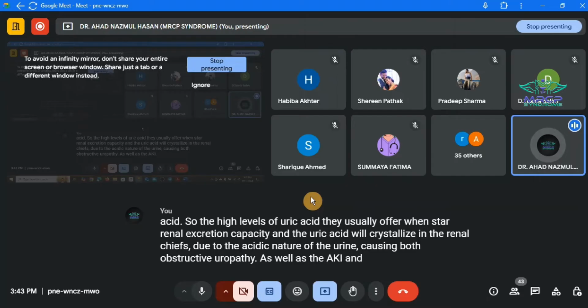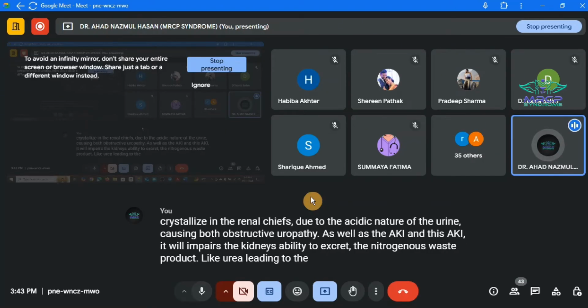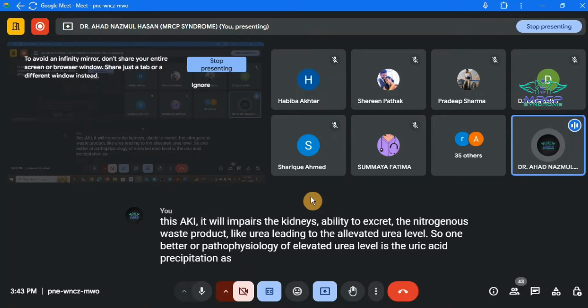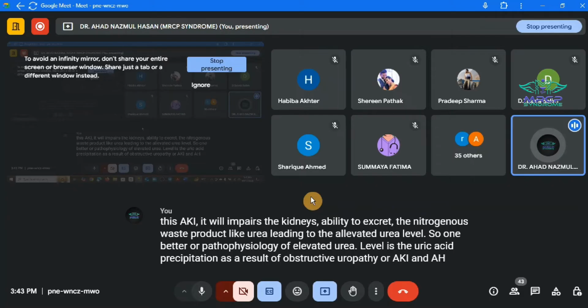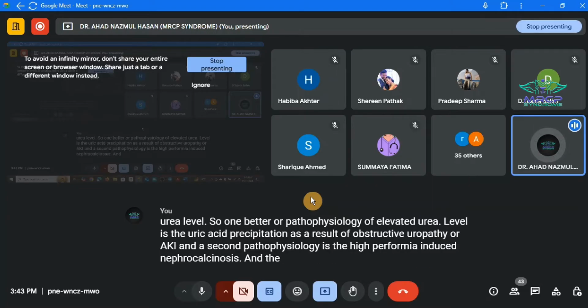This AKI impairs the kidney's ability to excrete nitrogenous waste products like urea, leading to elevated urea level. So one pathophysiology of elevated urea is uric acid precipitation as a result of obstructive uropathy or AKI. The second pathophysiology is hyperphosphatemia-induced nephrocalcinosis. And the third pathophysiology would be increased protein catabolism.